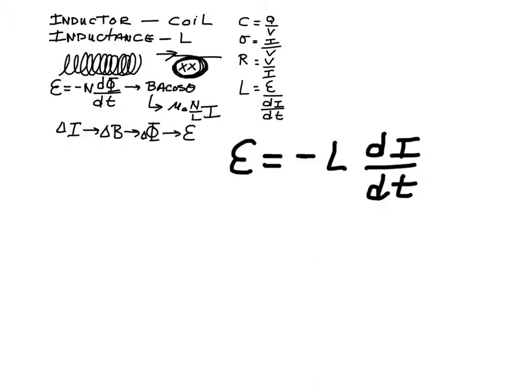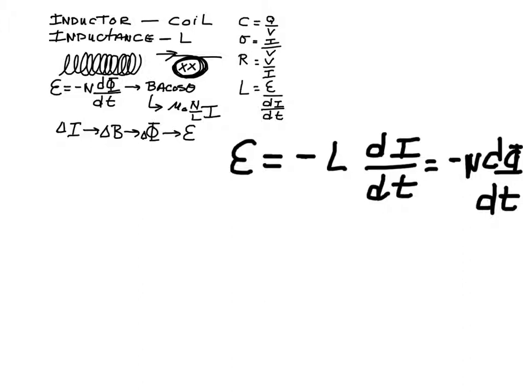And referencing Faraday's law, we can relate this same induced EMF to the change in flux through the coil. So I'm going to set those equal to each other. So this equals minus N d phi dt.